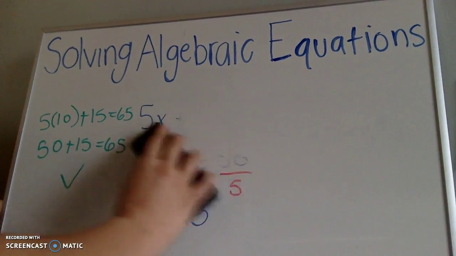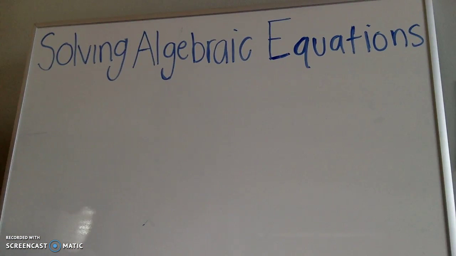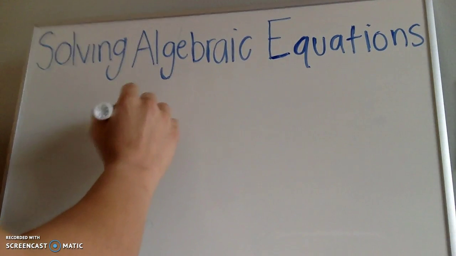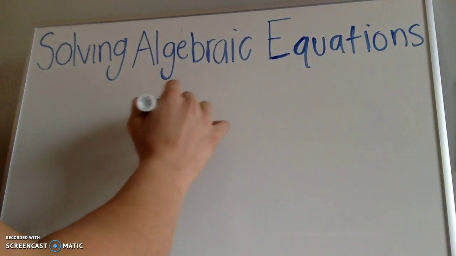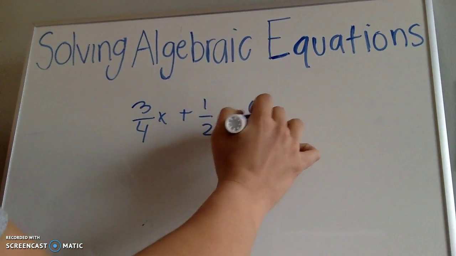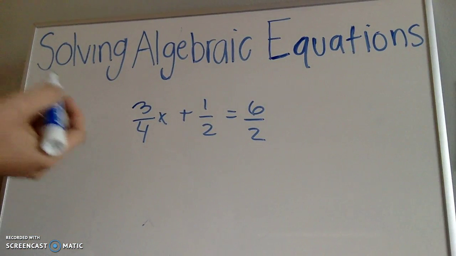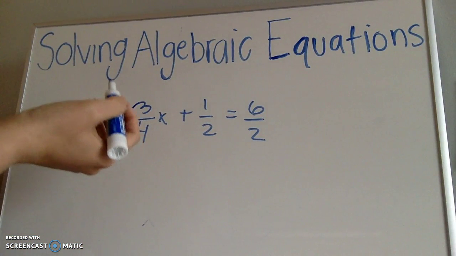Now let's try one with fractions. We are going to start with 3/4 x plus 1/2 equals 6/2. Remember, we want the x term by itself on one side.